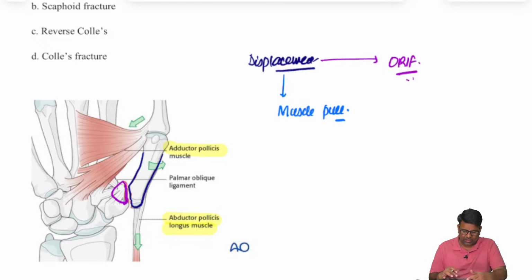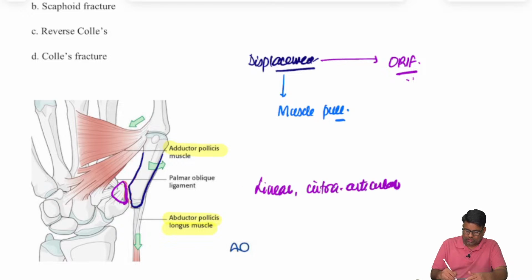So this is Bennett's fracture, and you can see the fracture line is linear and intraarticular.